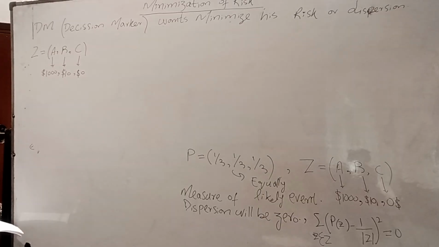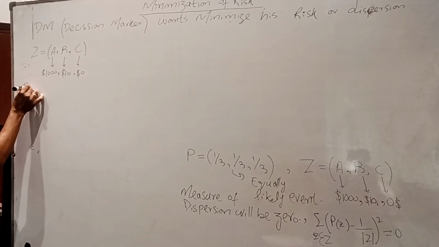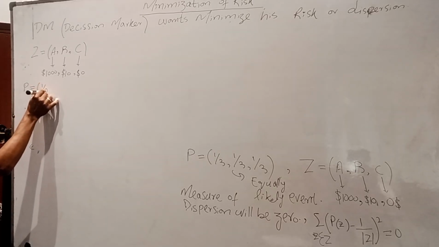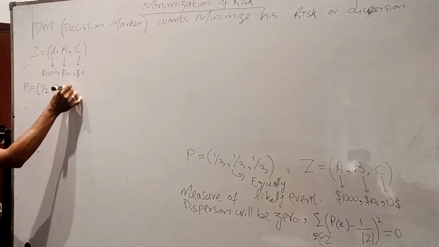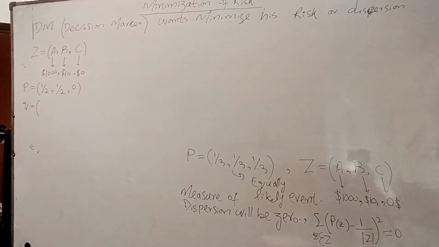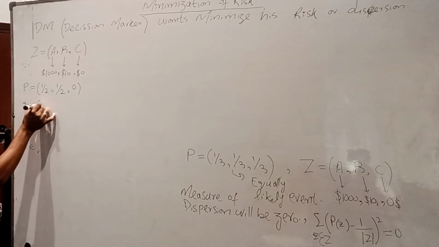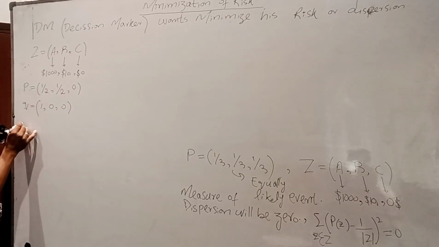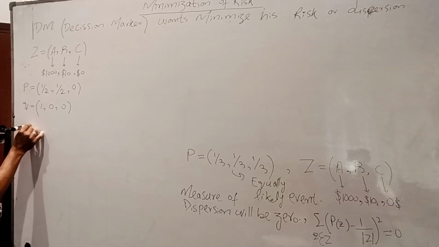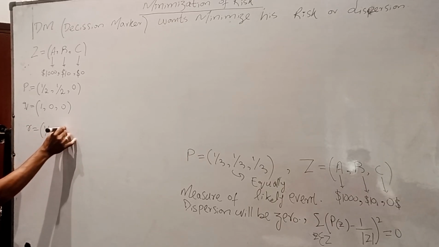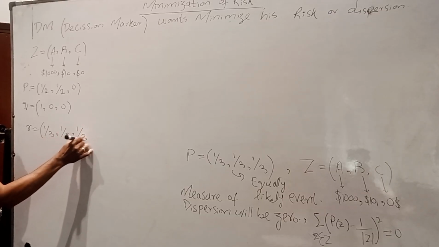Similarly, let's say P is 1 over 2, 1 over 2, and 0, and Q equal to 1, 0, 0, and similarly R equal to 1 over 3, 1 over 3, and 1 over 3.